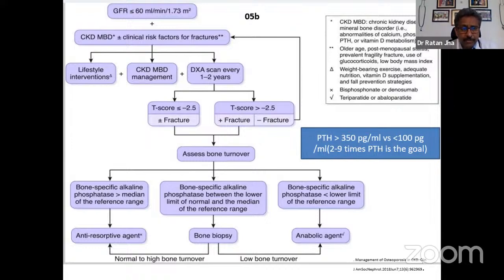If the bone alkaline phosphatase is more than the median range, along with PTH above 350 picogram per ml, then it requires anti-resorptive therapy. And if it is on the other side, that is PTH is below 100 and the bone specific alkaline phosphatase is on the lower side of normal, it requires an anabolic agent. In case it is in between, you need to follow up to decide.